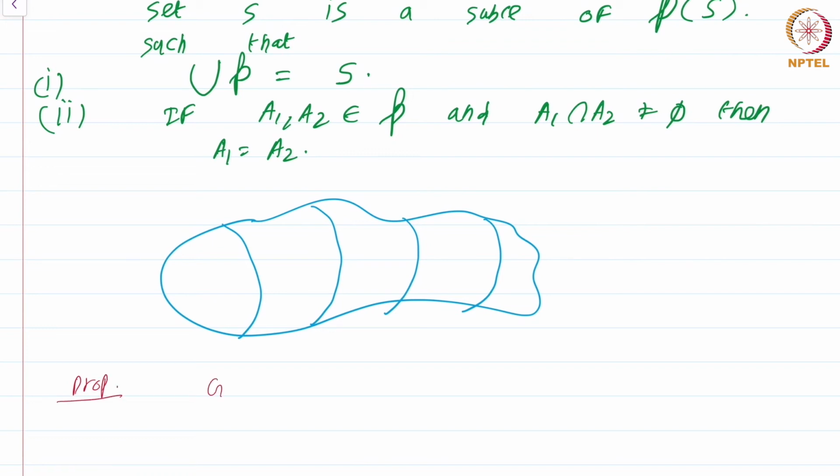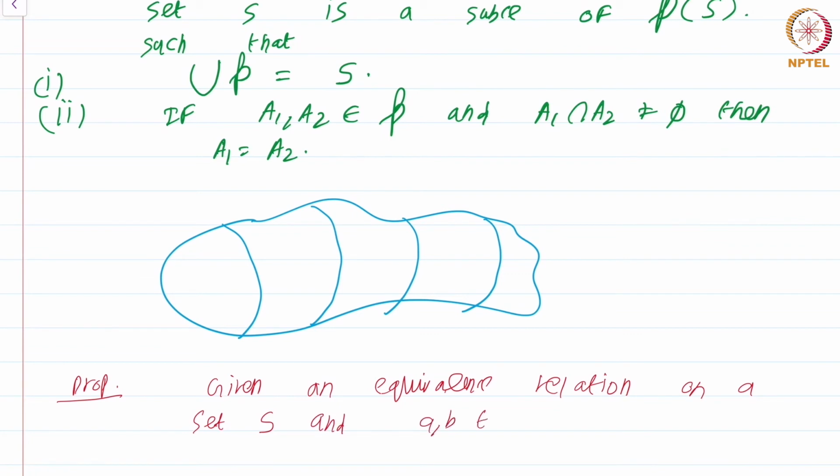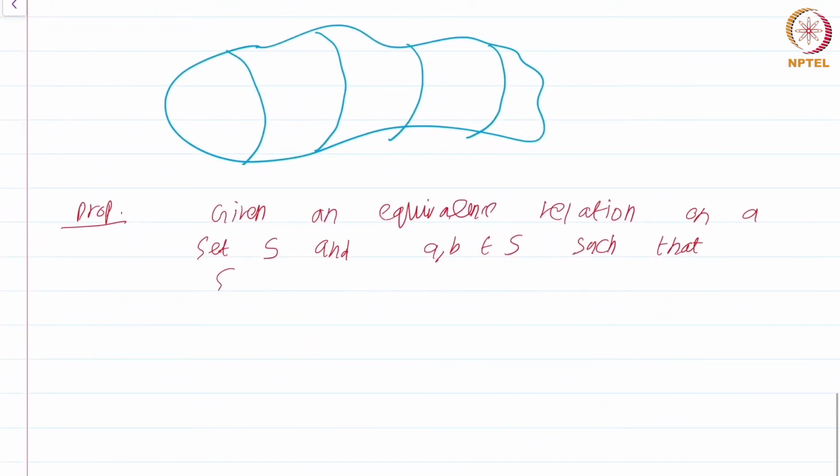Given an equivalence relation on a set S and A, B in S such that the equivalence classes of A and B intersect, then they are equal.